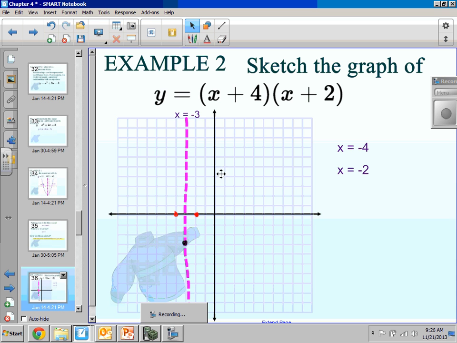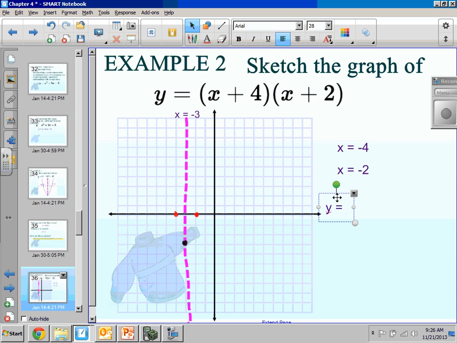So to find the corresponding y value, what we need to do is plug x equals -3 into our function. So I could write y equals -3 plus 4 times -3 plus 2. And when I do that math, I get that y equals 1 times -1, which is -1.